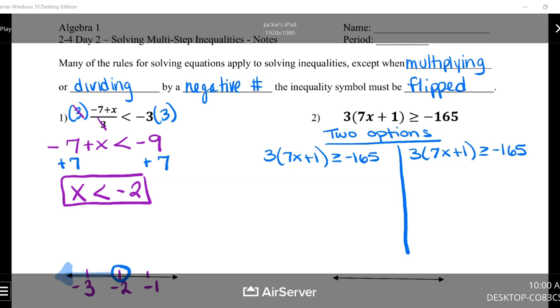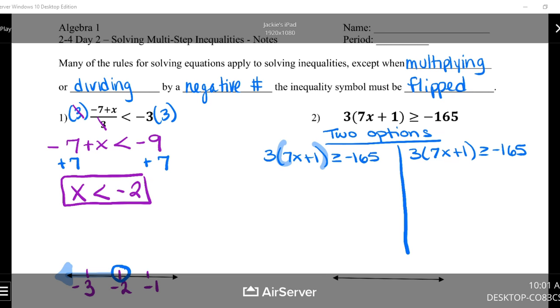With number 2, we have 2 options of solving. So just like with number 1, how we were dividing that sum, that numerator, by 3, so we multiplied both sides by 3 to undo that, we can do the same with number 2. So because we're multiplying the sum of 7x plus 1 by 3, we can divide both sides by 3 to start.